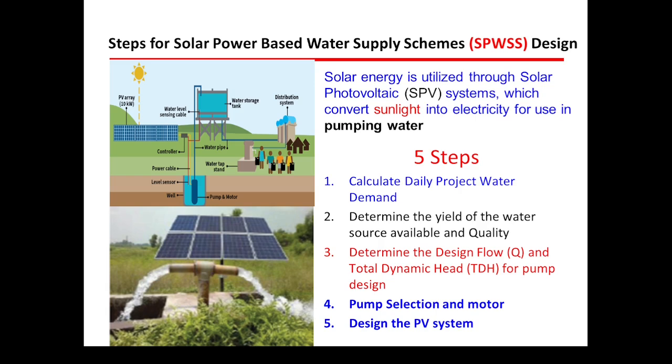The PV array converts the sunlight into electricity. Then we have the water tank, then the distribution system, and at the end we have the water tap where our users or customers will fetch the water.